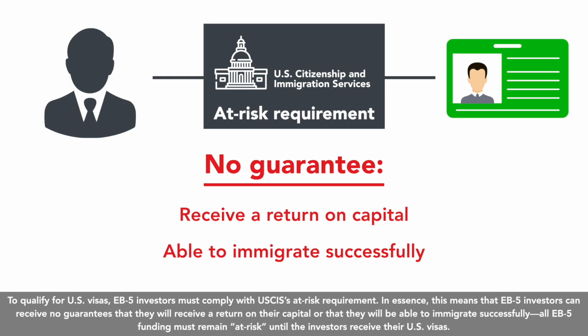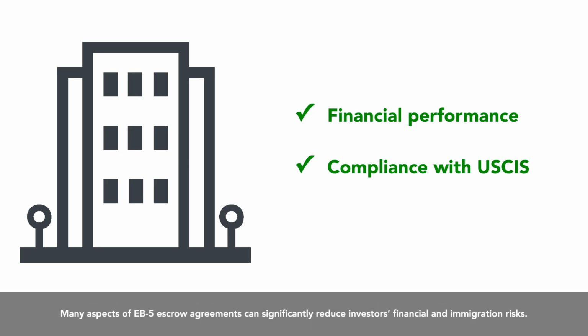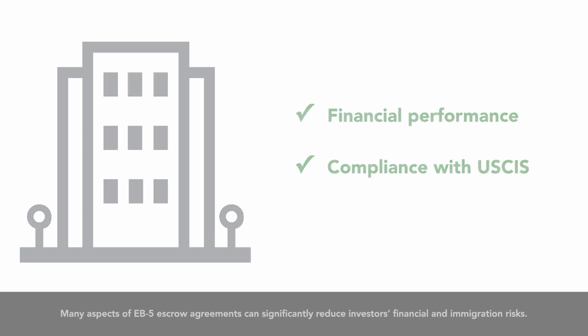All EB-5 funding must remain at risk until the investors receive their U.S. visas. Therefore, an investor's financial and immigration outcome is contingent on the EB-5 project's financial performance and compliance with USCIS regulations. Many aspects of EB-5 escrow agreements can significantly reduce investors' financial and immigration risks.